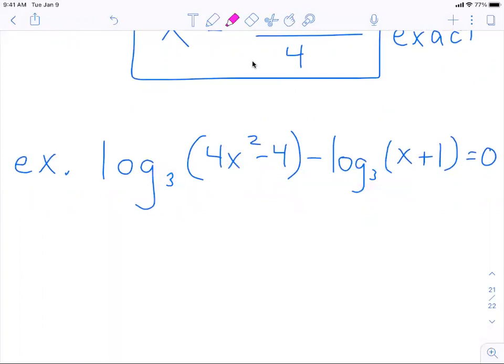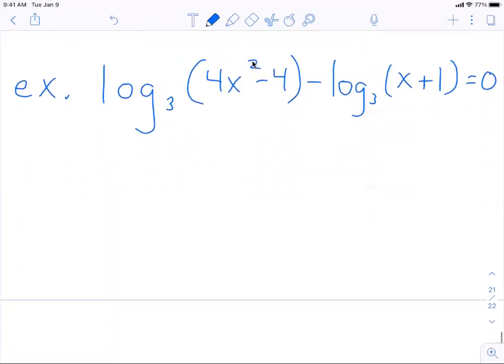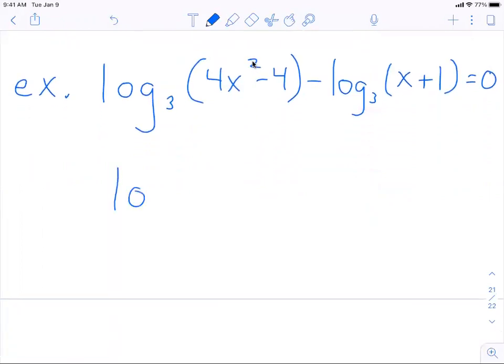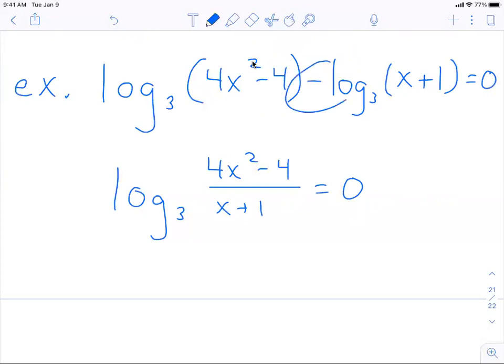So remembering those rules of combining, when I combine them, that subtraction becomes division. I could write the left-hand side as log base 3 of 4x squared minus 4 divided by x plus 1 is equal to 0. So I used that rule of combining and expanding where that subtraction became division.